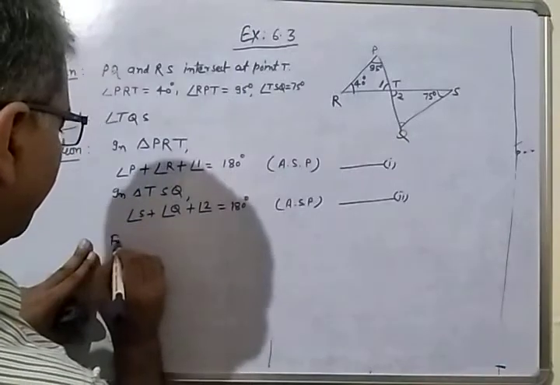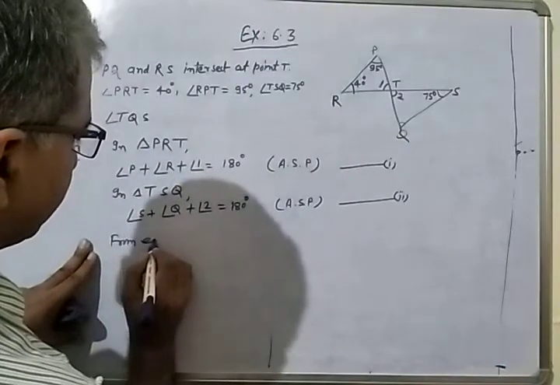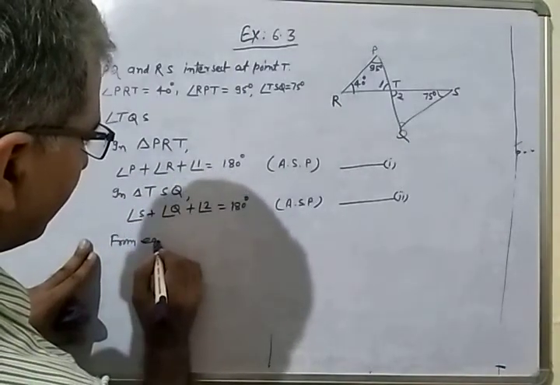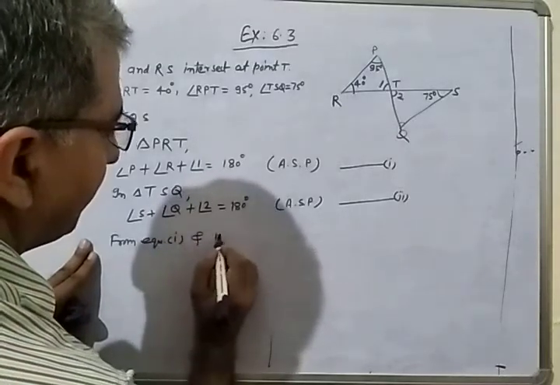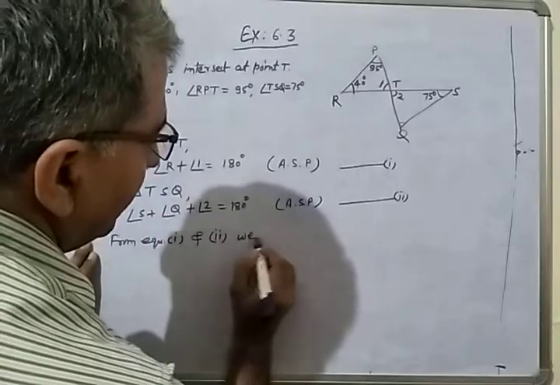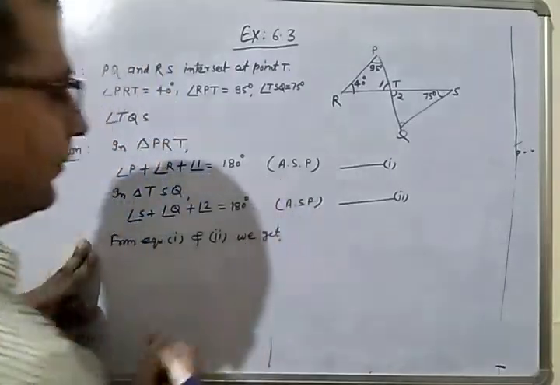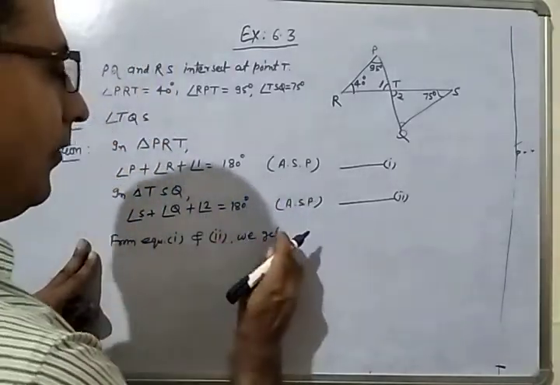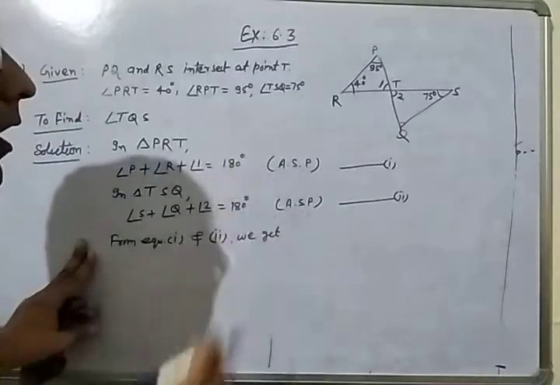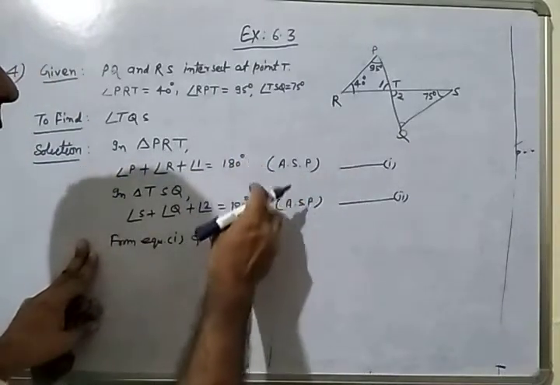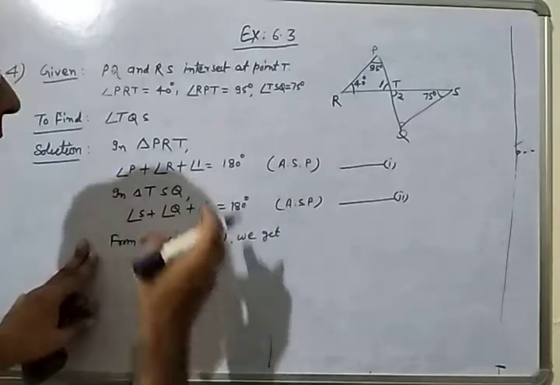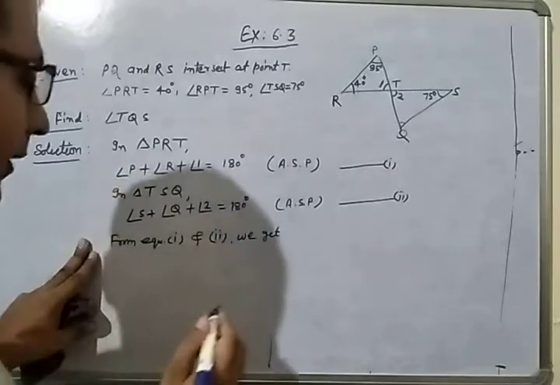From equation 1 and 2 we see here that the right hand side of both equations is equal, that is 180 degrees, then the left hand side will also be equal.